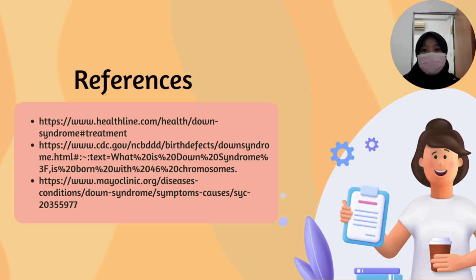As of today, someone with Down syndrome is expected to live more than 60 years, but it depends on the severity of the health problems that they might have.